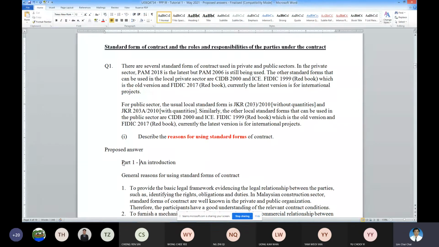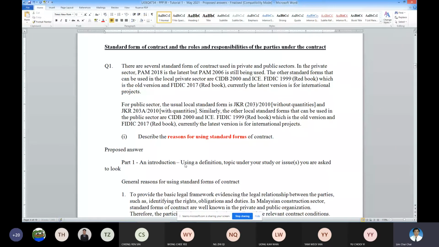In the introduction, you can do a temporary introduction using a definition of the topic under your study, or the issue that you are asked to look into.